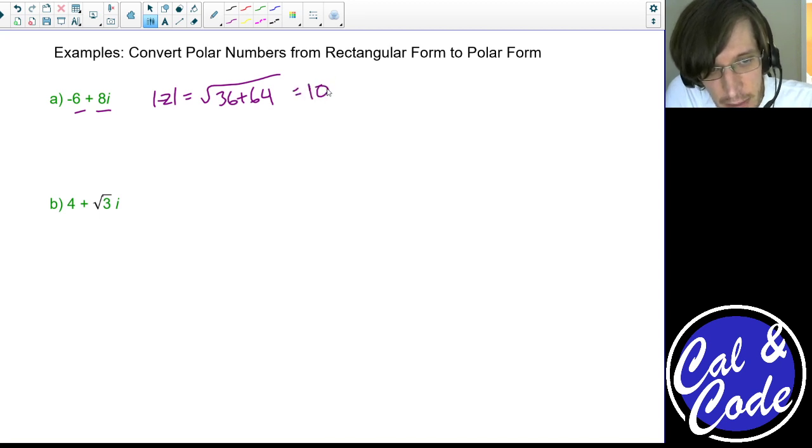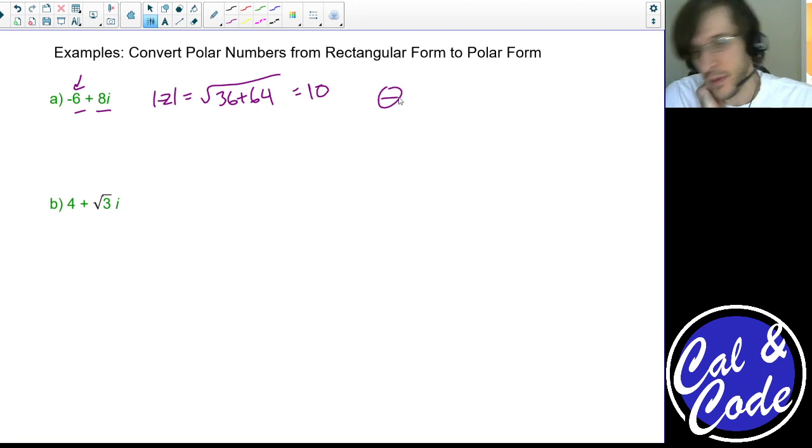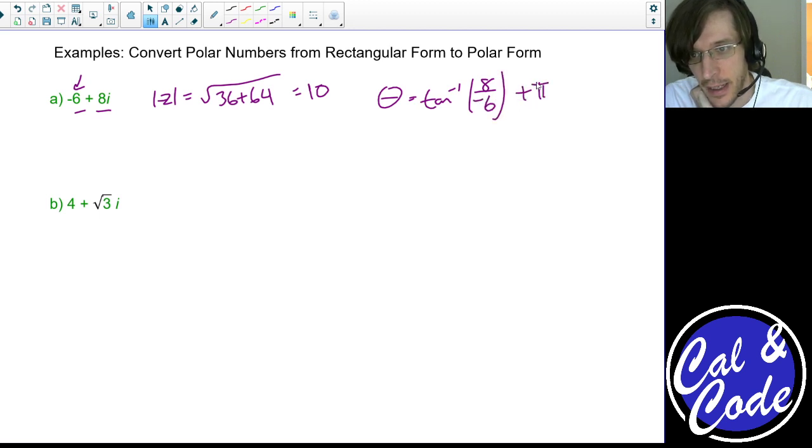That should be 10. Then I need to find my argument. My a here is negative, so it is going to be the inverse tangent of 8 over negative 6 plus pi.